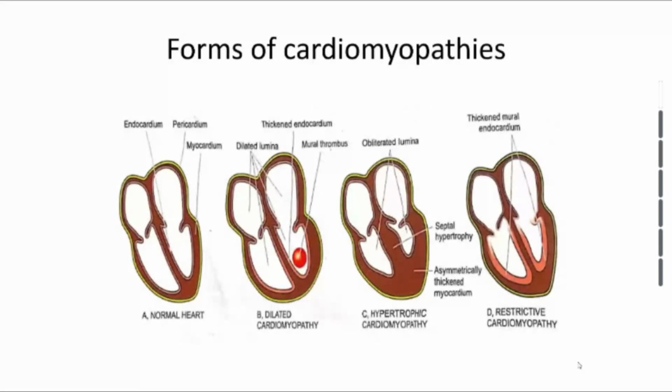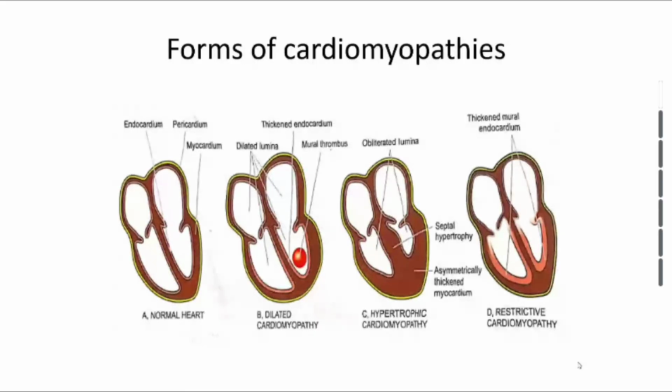So when you look at the first one, it is the normal heart, where you have the pericardium, the myocardium, and the endocardium, the inside part of the heart, that is basically the epithelium of the heart. So when you're talking about dilated cardiomyopathy, you can see there the lumina, that is the ventricles, right atrium, left atrium, left ventricle, right ventricle, they are all dilated. The lumina are dilated.